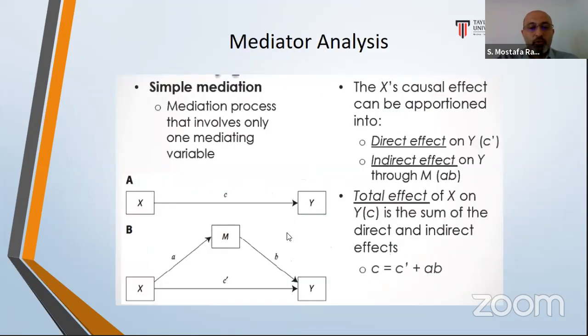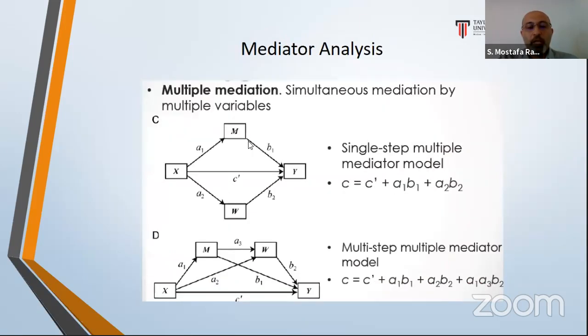This one is a simple mediation where we have only one mediator. But when we have more than one mediator, you can see this mathematical formula. So the total effect will include the C prime direct effect, A1 B1, and A2 B2. So we have two indirect effects. And these mediators are called serial mediators. So here we have multiple mediation. Or this is more complex.